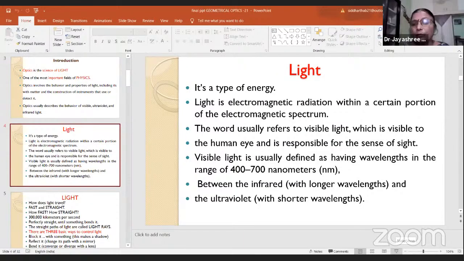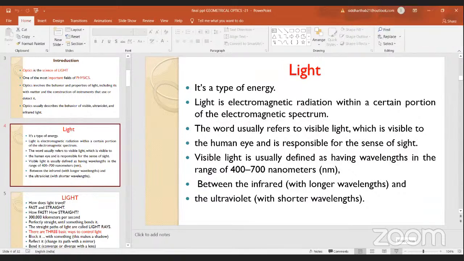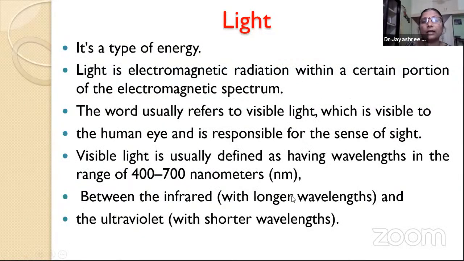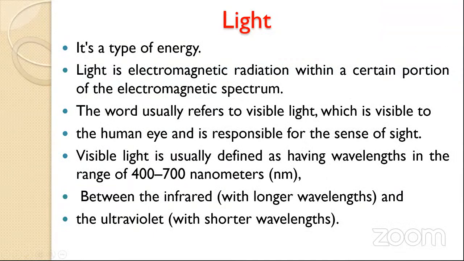Visible light is usually defined as having wavelength in the range of 400 to 700 nanometers, between the infrared with longer wavelength and the ultraviolet with shorter wavelength.